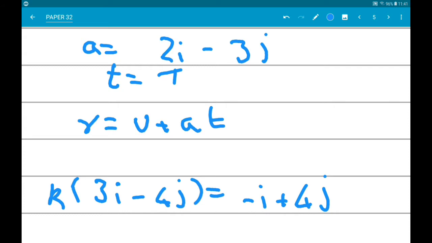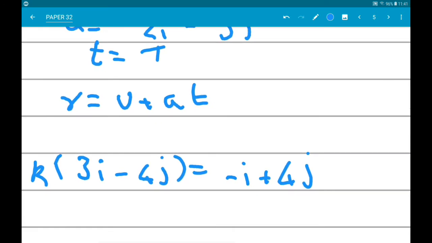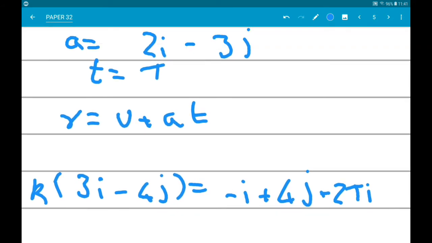So that's going to be add 2t i minus 3t j.